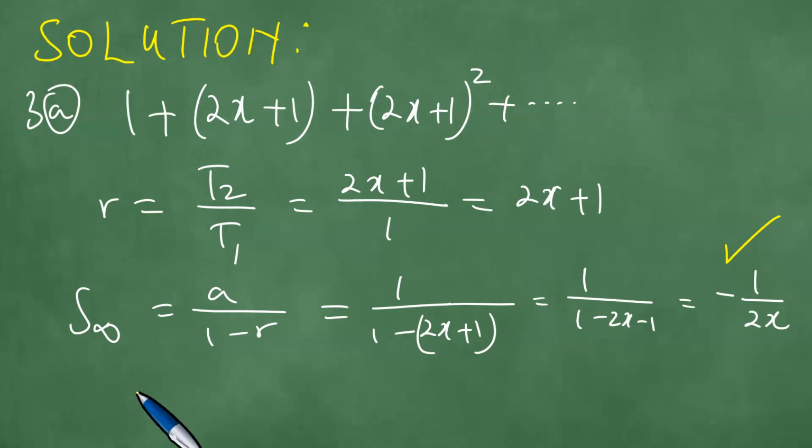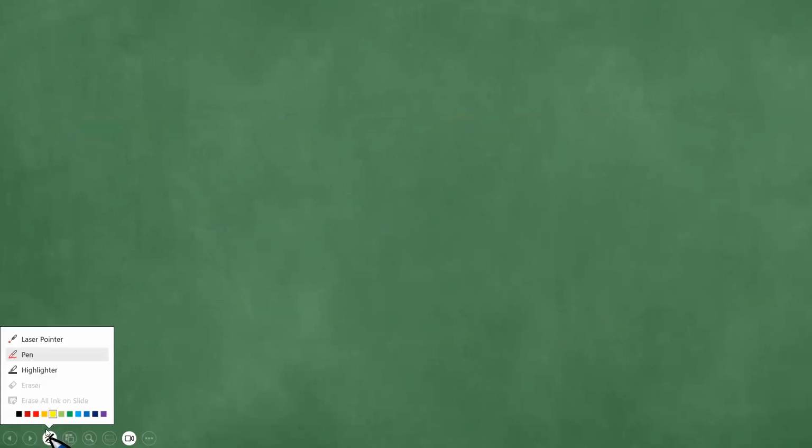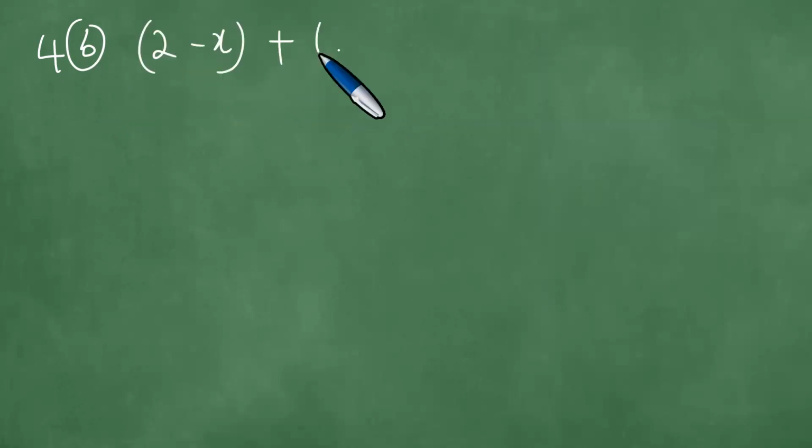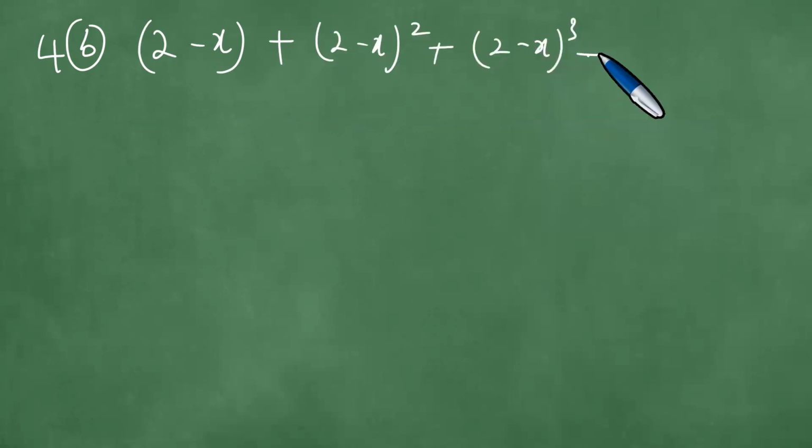So we have the sum to infinity, which is minus 1 over 2x.